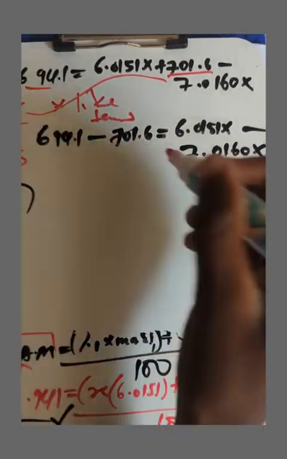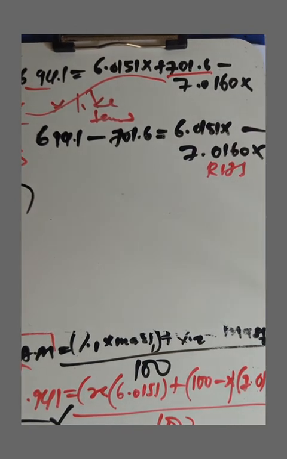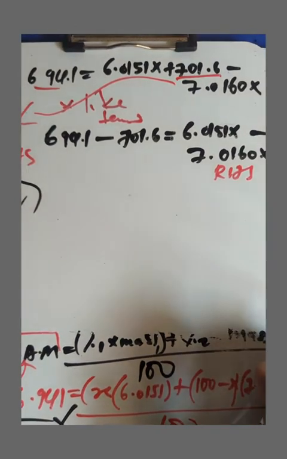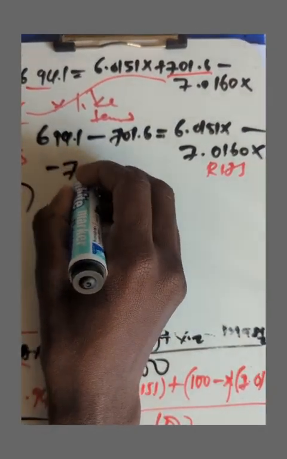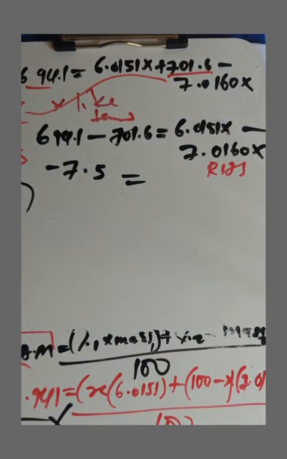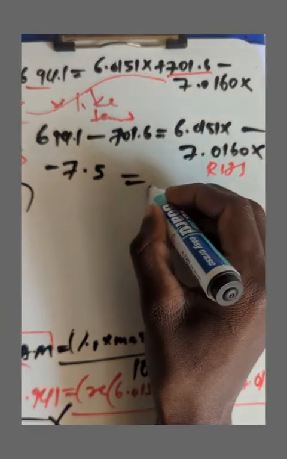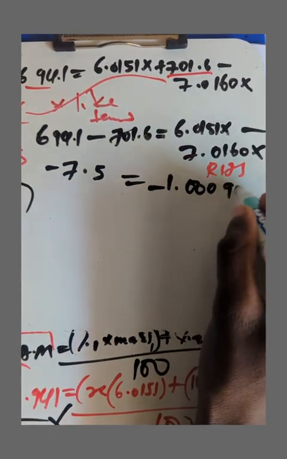This is our left and this is our right hand side. On our left hand side you get negative 7.5. On the right, when you do the math, you get negative 1.0009x.